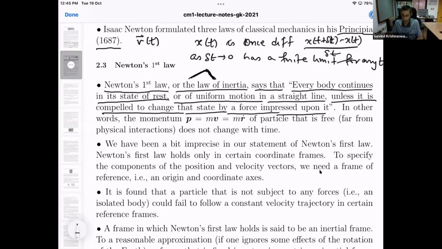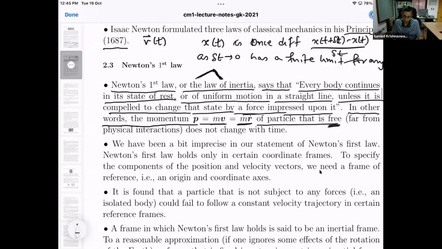So let us restate this in symbols. In other words, the momentum, which is m times v, m times the velocity, or m times r dot, of a particle that is free. When I say free, that is what was said in the previous sentence: unless there is a force impressed upon it.